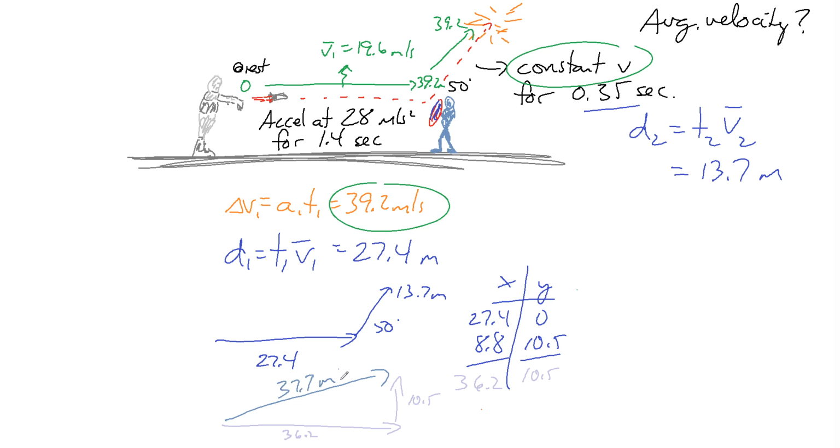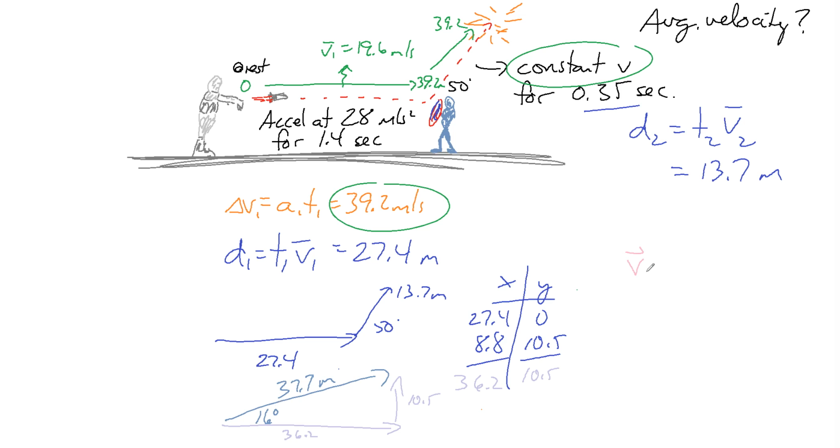And if I do the angle at the 10.5 divided by 36.2, because I like to use tan theta to solve for my angles for this type of thing, we're looking around 16 degrees. Okay, so my displacement for the missile is 37.7 meters at 16 degrees. Okay, so that's what I want to use for my velocity.